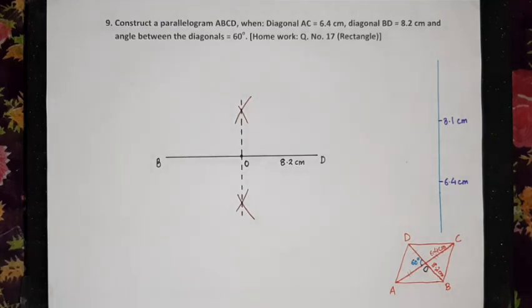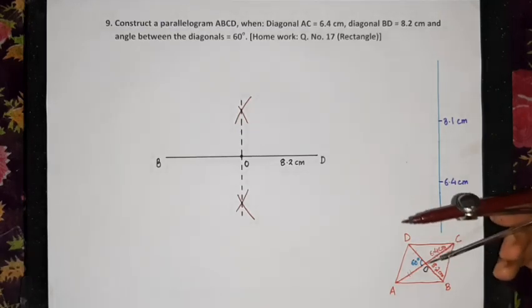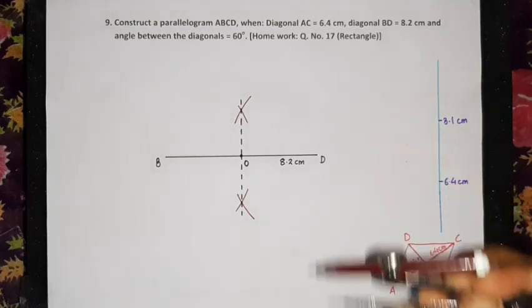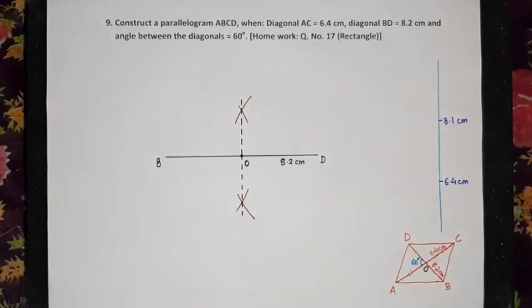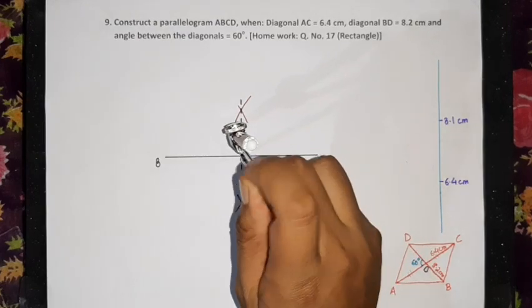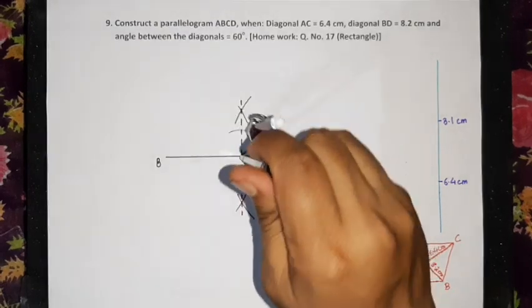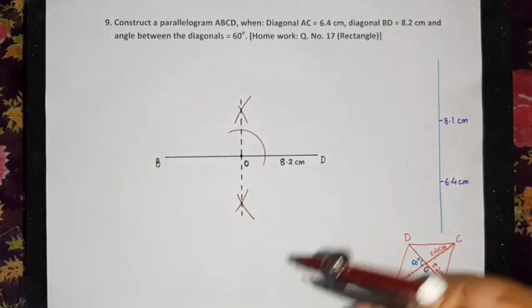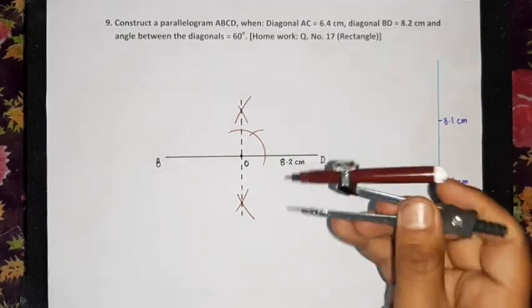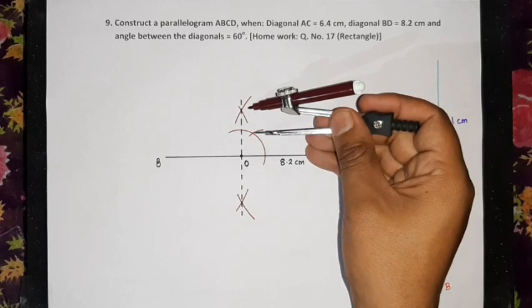Now from O we have to construct a 60 degree angle. So let me construct a 60 degree angle from O. To draw 60 degrees, it's very easy. We take an arc like this, we keep the compass this way and this point gives me 60 degrees.